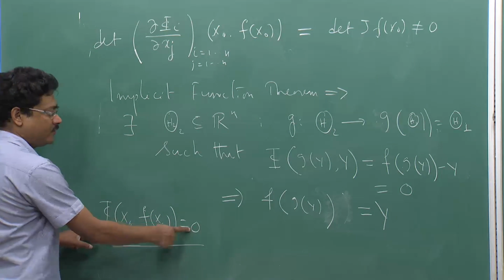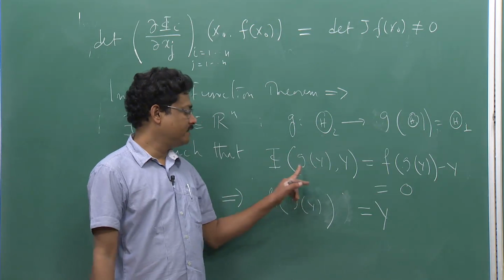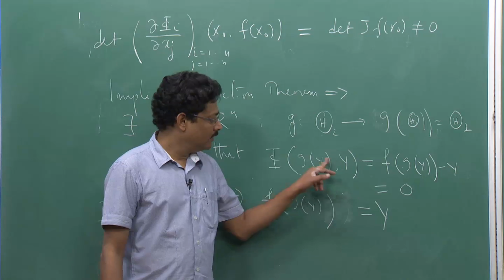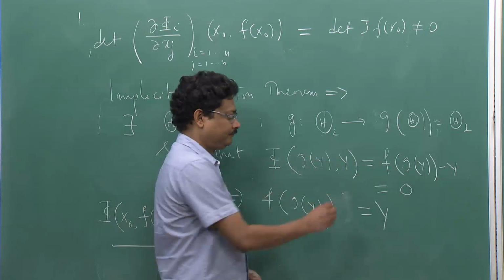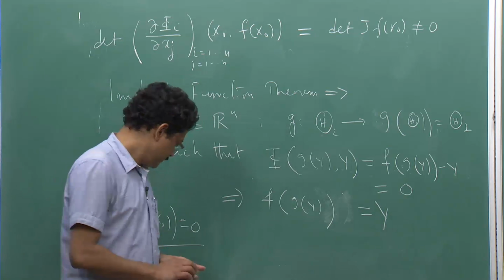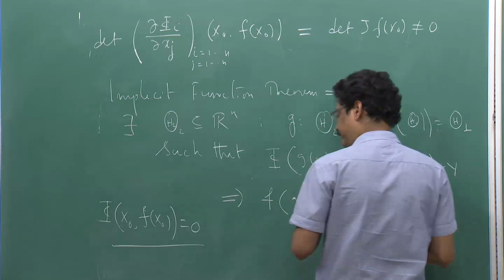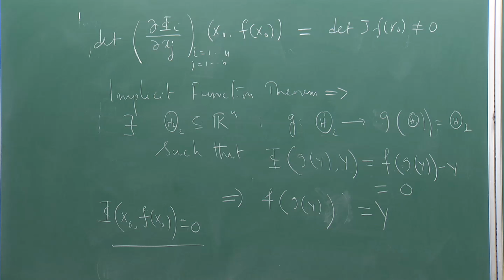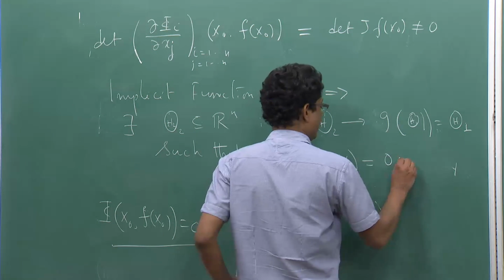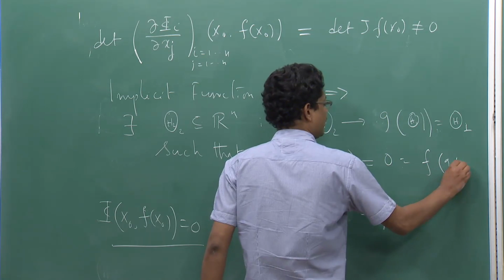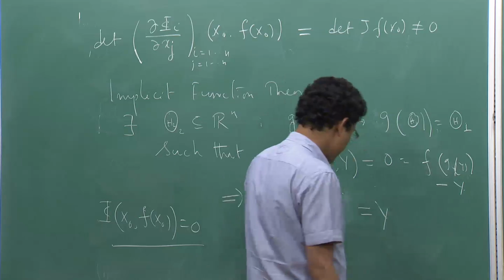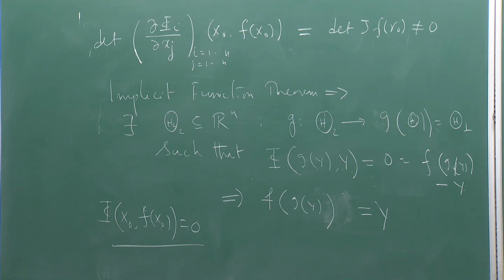There exists a theta 2 where phi of (g(y), y) will be equal to 0, and by definition this is f(g(y)) minus y. So, that gives you f(g(y)) equal to y, and that is the inverse of f.